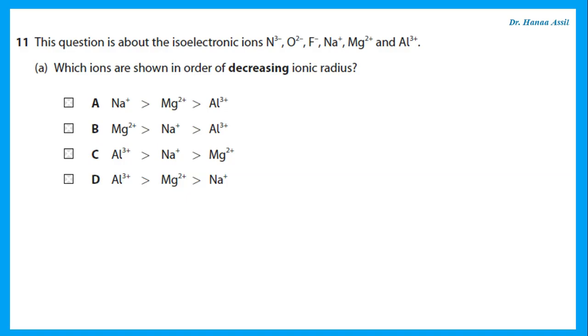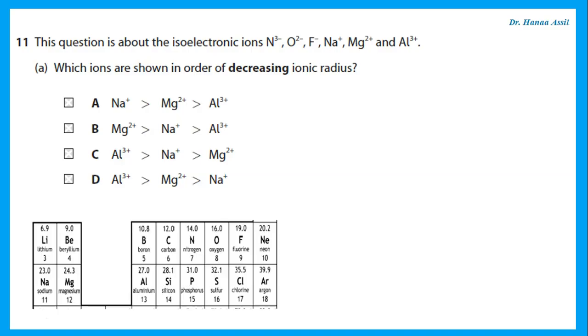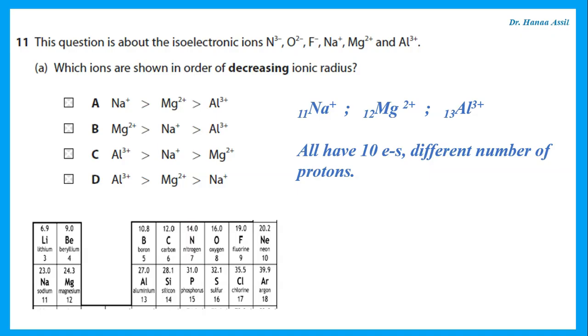This question is about the isoelectronic ions. Which ions are shown in order of decreasing ionic radius? Again, what do we mean by isoelectronic? They all have the same number of electrons. So if you look at, for example, sodium, magnesium, aluminium ions, they all have 10 electrons. So they're called isoelectronic. But then these same number of electrons are attracted to a nucleus that has different number of protons.